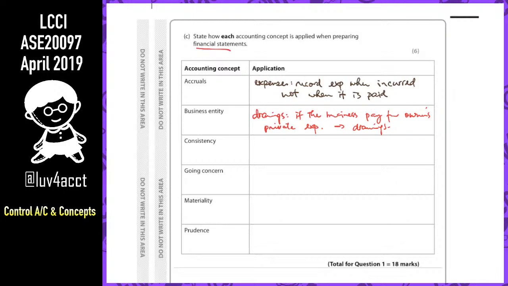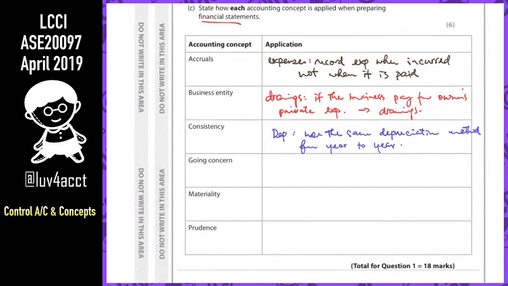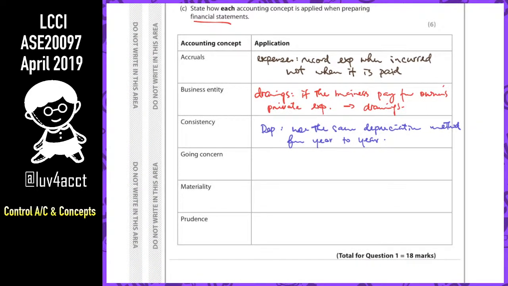Consistency, usually we can use the example of depreciation. Use the same depreciation method from year to year. Going concern, usually we apply the going concern to the valuation of non-current assets.